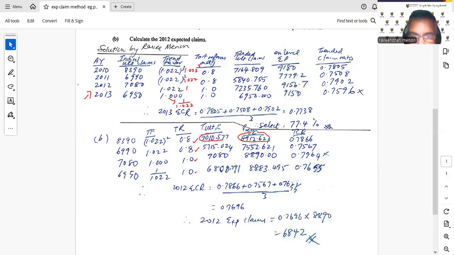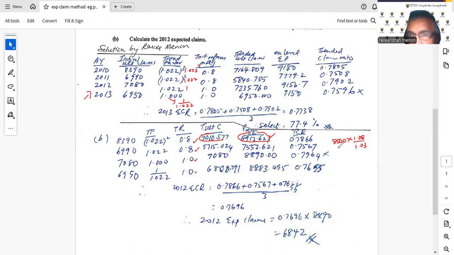The first number is 8500. That's the earned premium for 2010. You multiply that by 1.08, and you divide it by 1.03. That's how you get this number here.